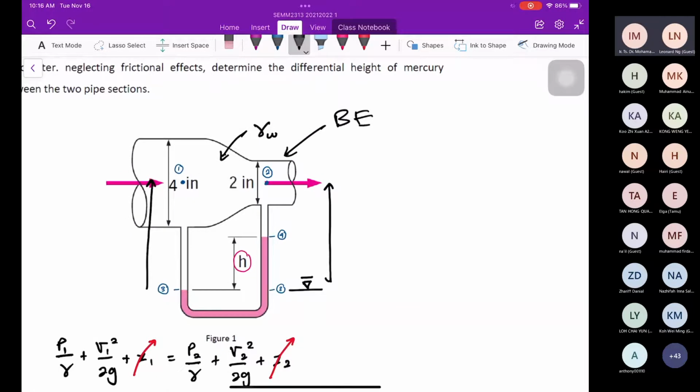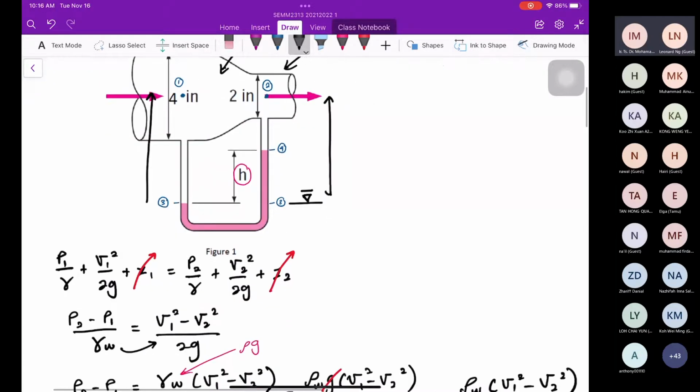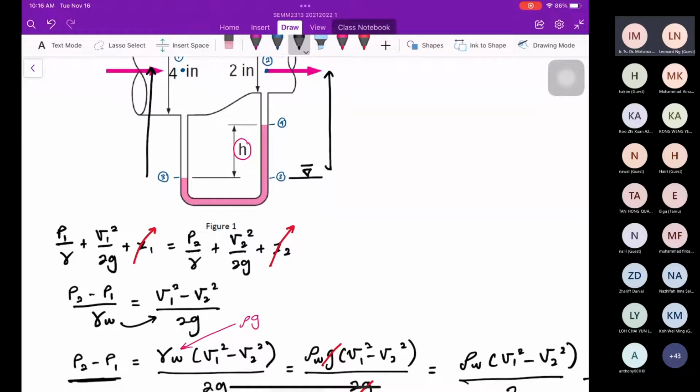Can you speak louder? From the manometer? Yeah. Okay. You can get it from the manometer. Alright, this one.